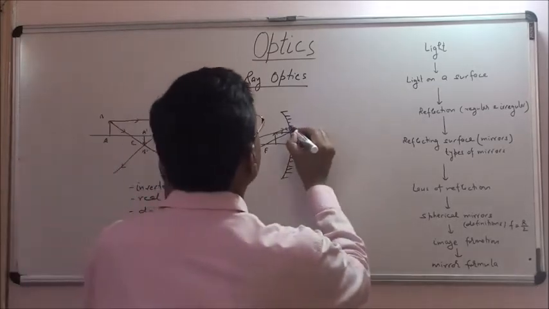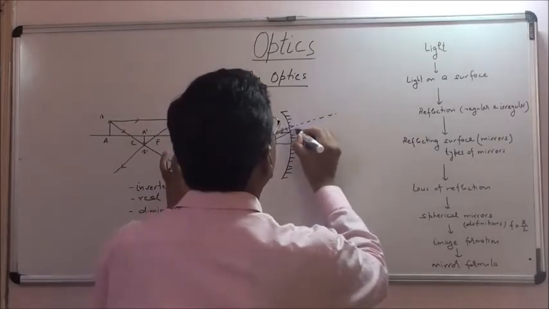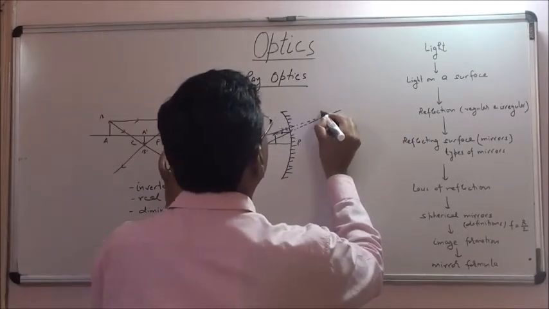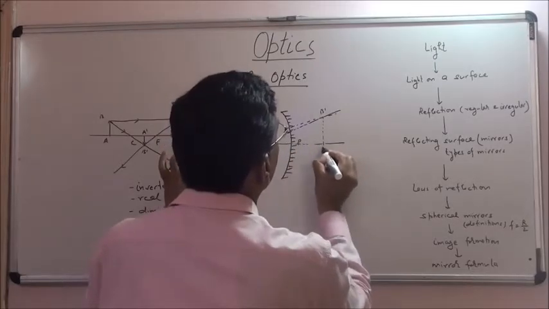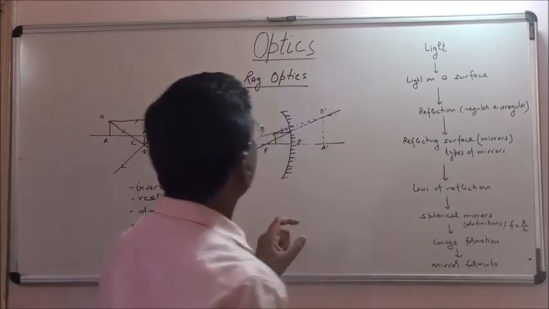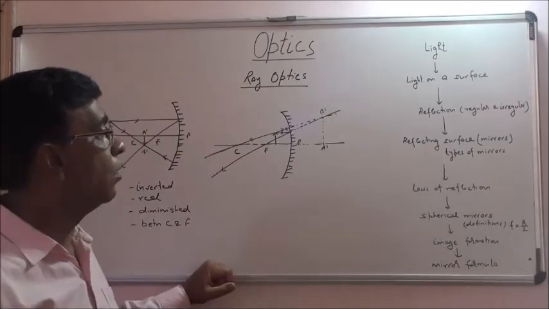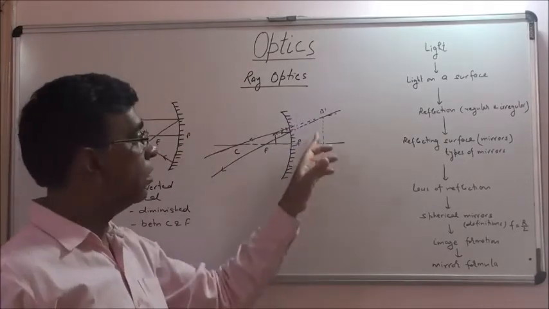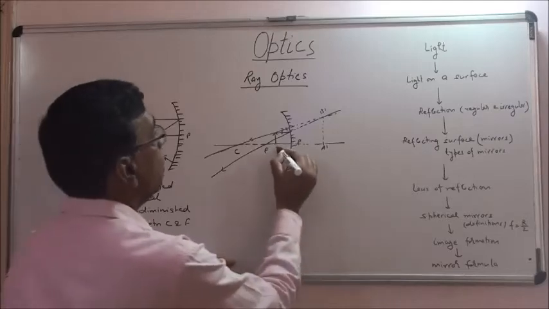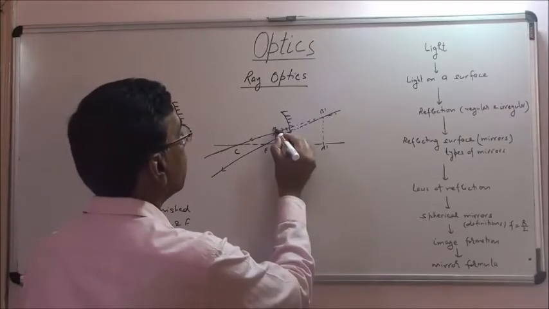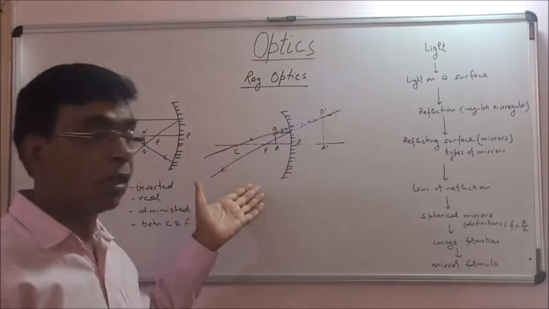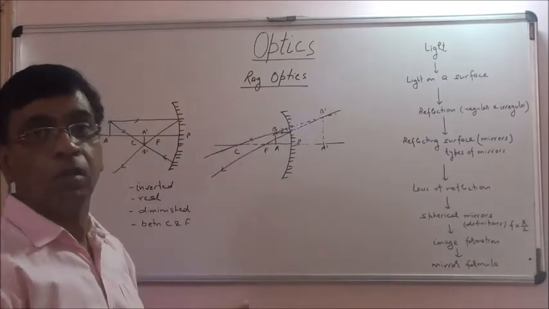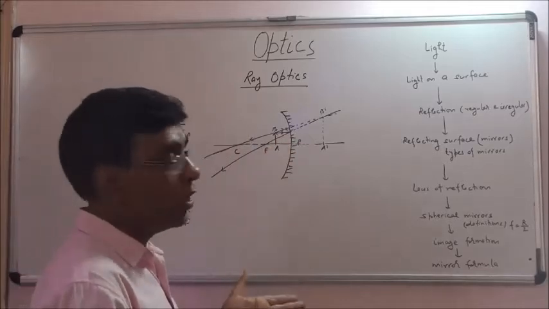But looking from this side, it appears so A dash, B dash, this is actually the image and is virtual because the rays appear to come from there. They are not going to form this image at this particular position.